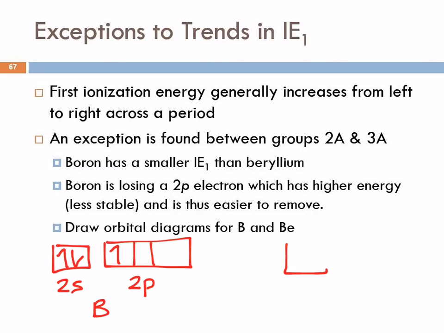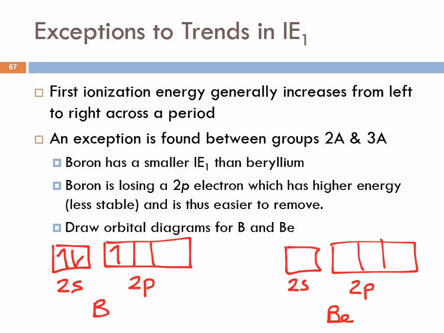For beryllium, beryllium's orbitals are not larger. And that's not a 1, that's a 2. So beryllium has 2 valence electrons, and they're in here.